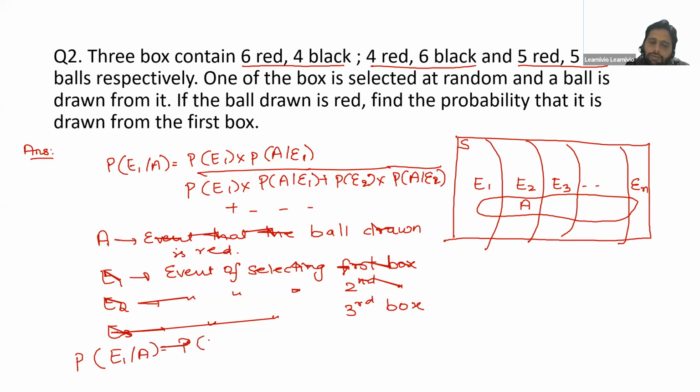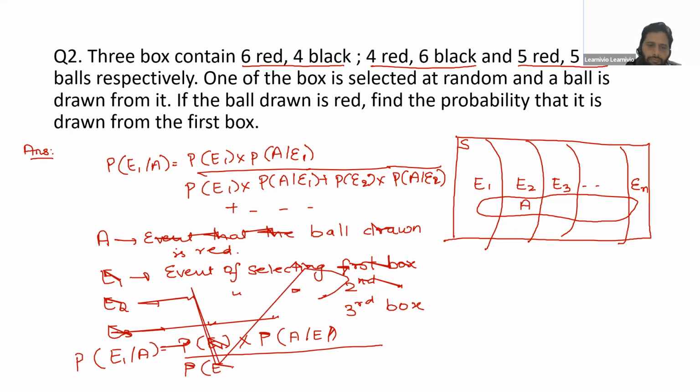So it is equal to P(E1) into P(A/E1) divided by P(E1) into P(A/E1) plus P(E2) into P(A/E2) plus P(E3) into P(A/E3) and so on.